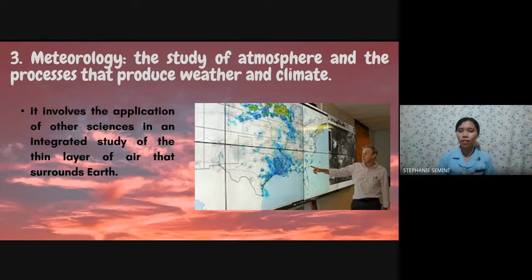These events are bound by the variables that exist in Earth's atmosphere.